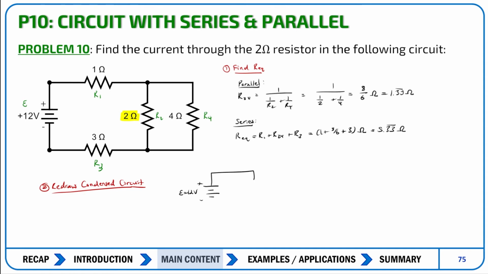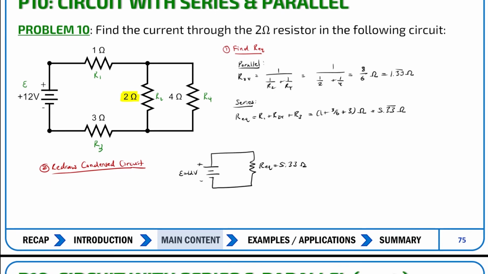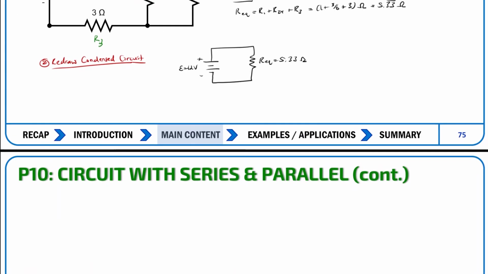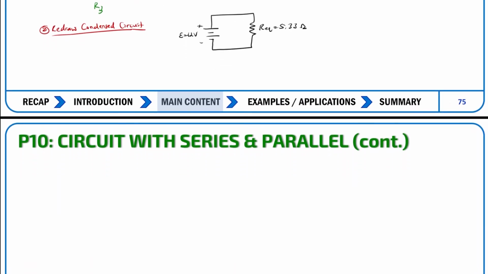But we now have an equivalent resistance, Req, equals 5.33 ohms. And our goal is now to solve and find the current flowing through Req. So it's number 3.